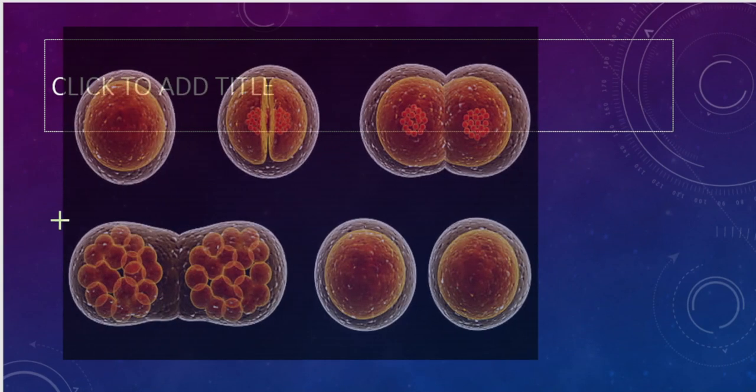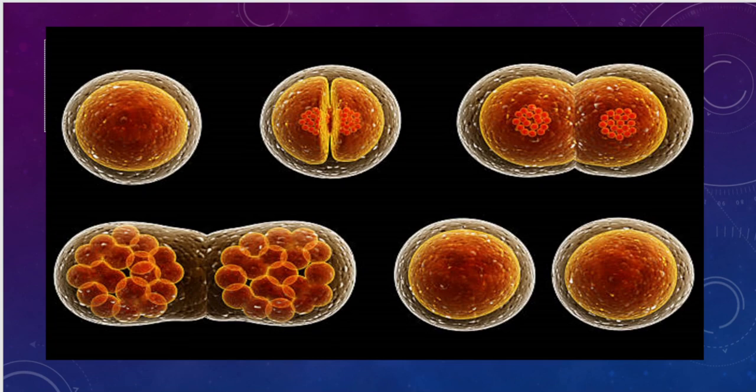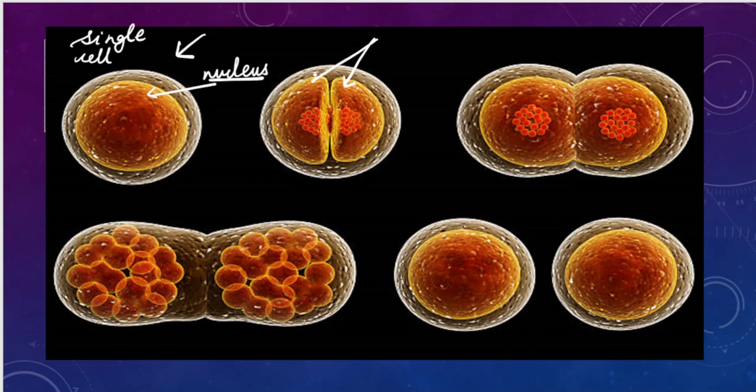In this image, you can see that in the first picture there is a single cell. There is just the presence of a single cell, and this yellow colored ball is nothing but a nucleus. Then you can see there is formation of two nuclei.